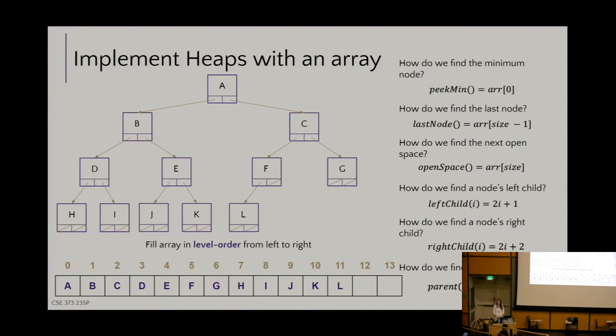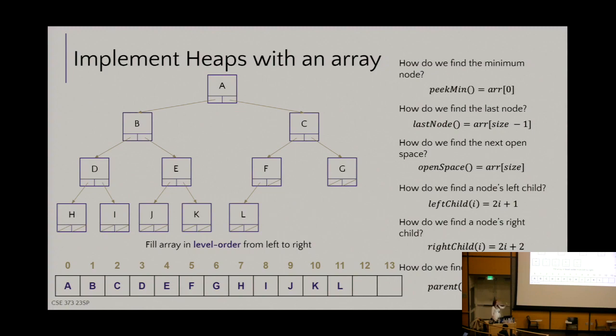So how do we find the last node? Well, now, in this case, if we're always filling from left to right, we know that the last valid node will always be stored at size minus 1. So this is, again, a situation where we have an underlying array as the structure, which has its own internal capacity, and then we must have a separate size field that tells us how many things we've actually put into the array.